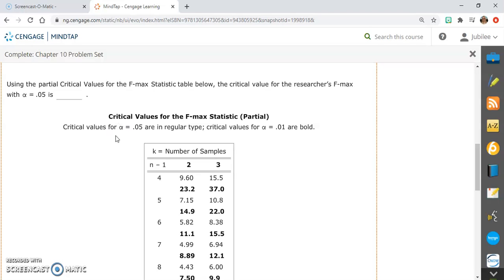And depending on whether it's 0.05 or 0.01 is which number I look at. So in this case, I need an alpha of 0.05, which is the regular type. If you have to look for an alpha of 0.01, you're going to be looking for the bold numbers.